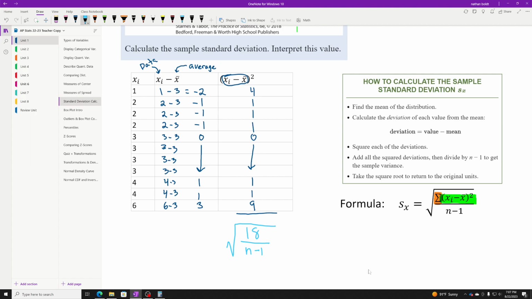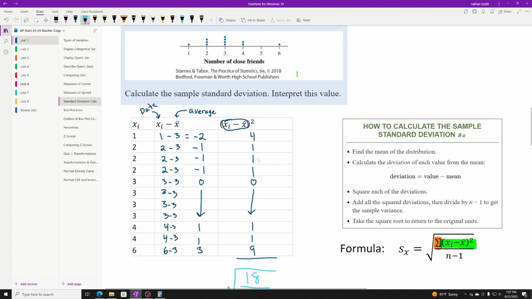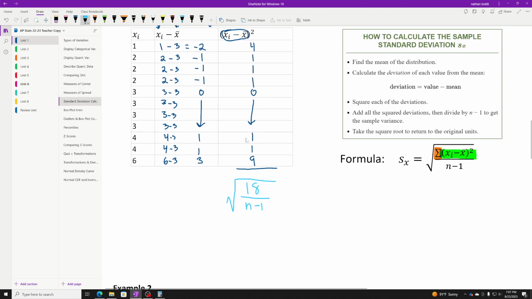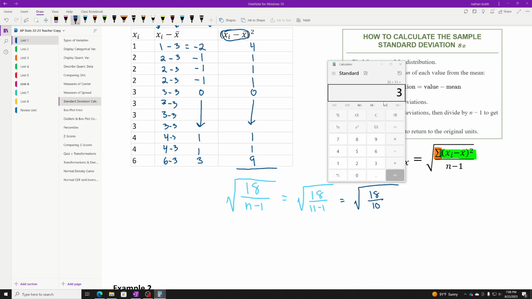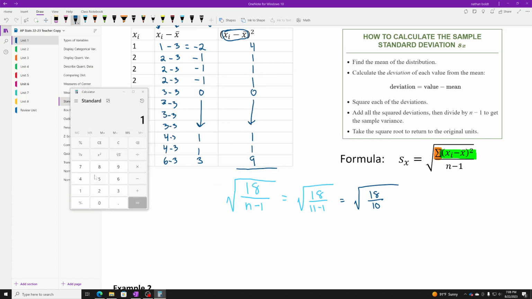All right, so how many pieces of data did we have? We had 11, right? So this becomes the square root of 18 divided by 11 minus 1, which gives us 10. 18 divided by 10 is 1.8.